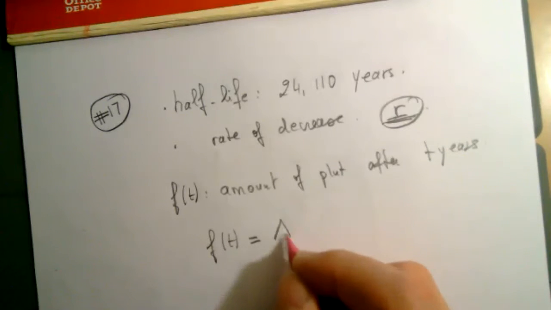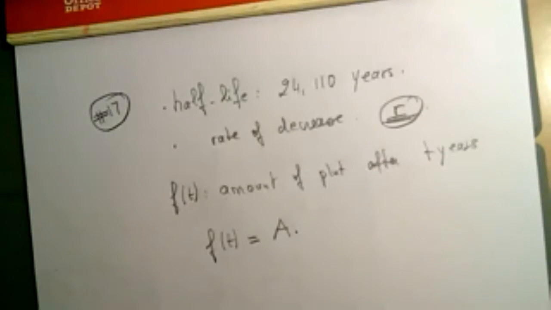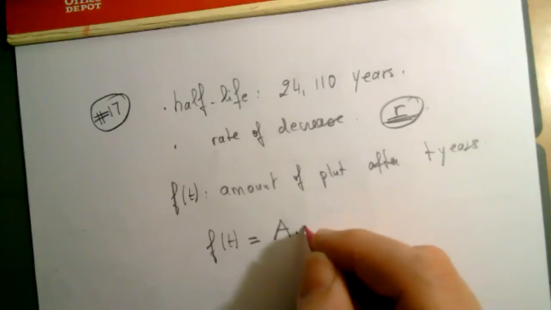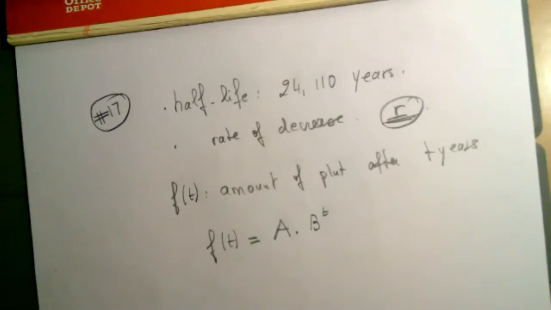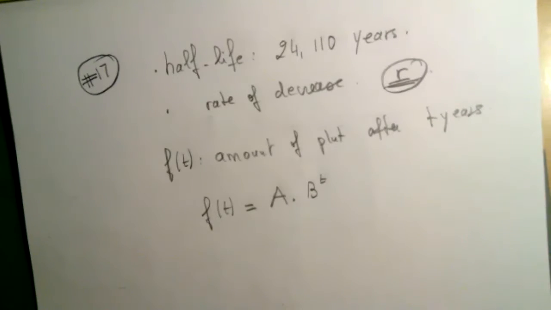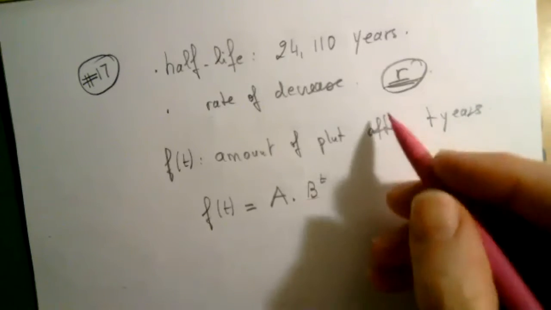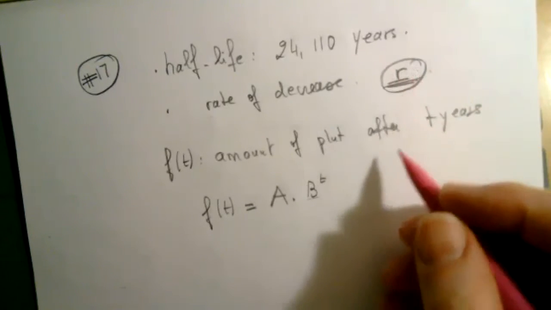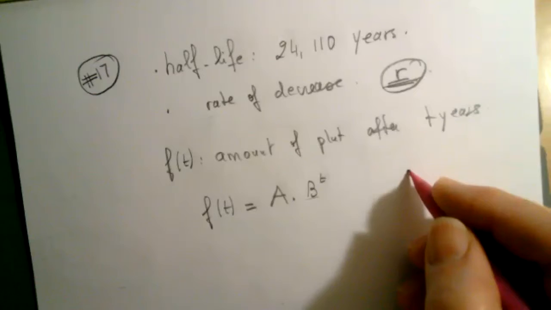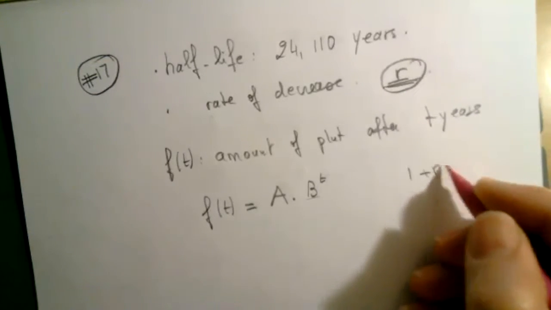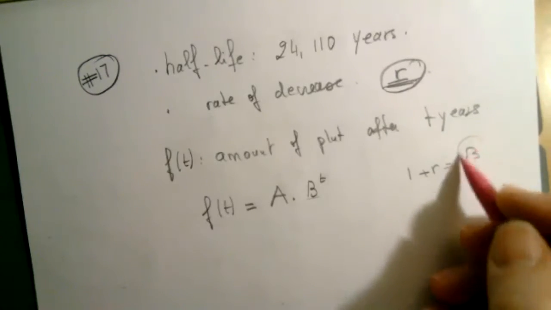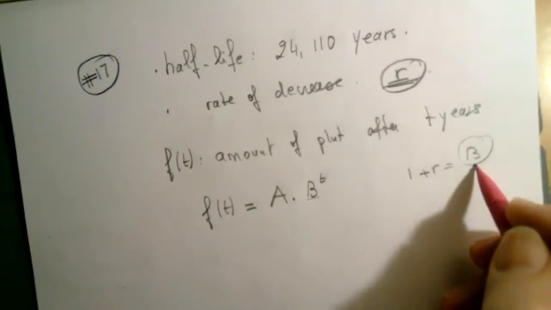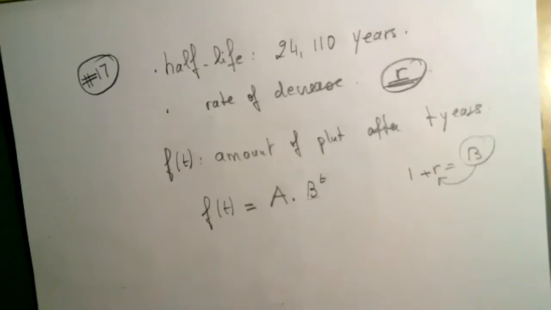It means it has the form a certain initial value a times b to the power t. a is the initial value and b is the growth factor. That's all we know, and what they want to know is r. We know that this is decreasing, so we know that 1 plus r equals b. So if I can find the growth factor, I can find my r.